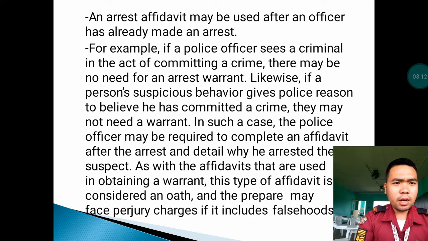As with the affidavits that are used in obtaining a warrant, these types of affidavits are considered sworn, and the one who prepared them may face perjury charges, also called falsehood.